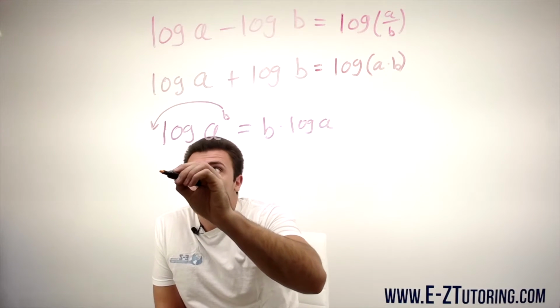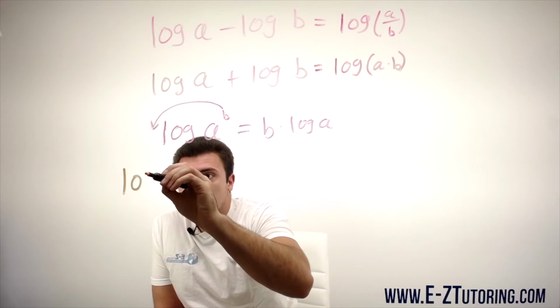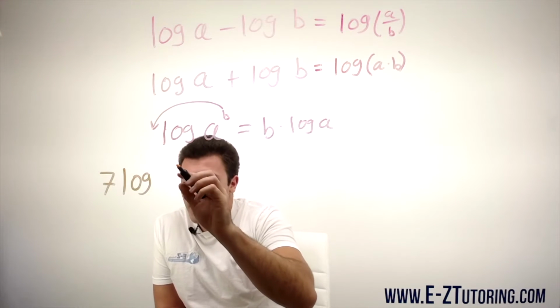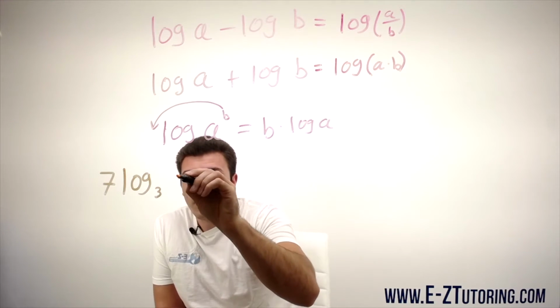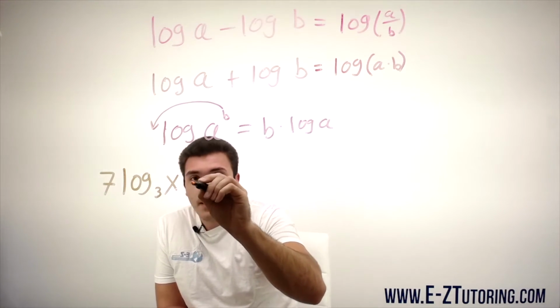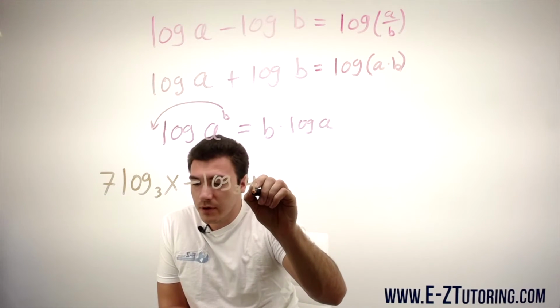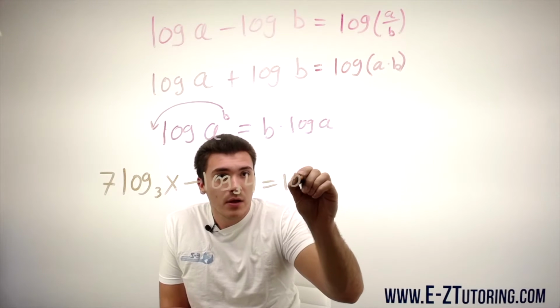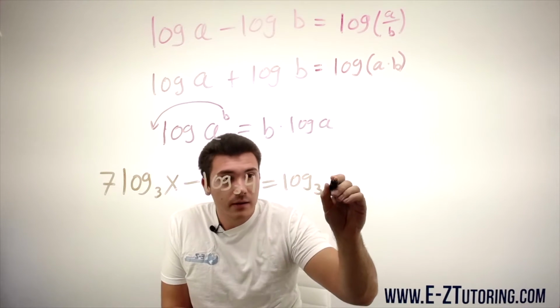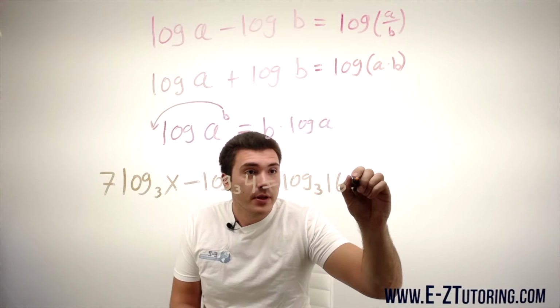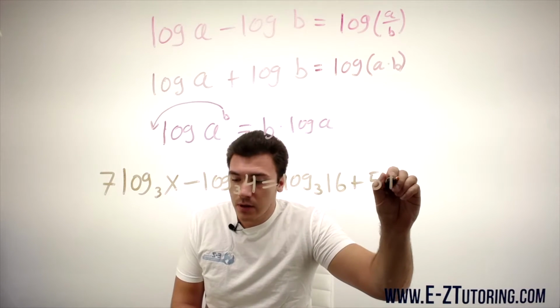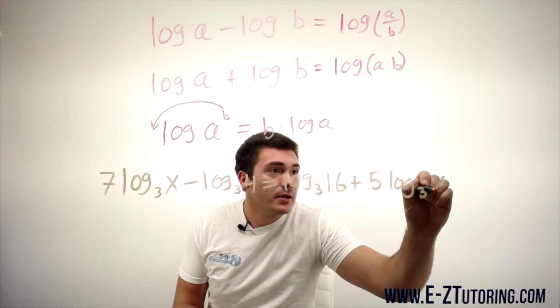Suppose we have 7 times log base 3 of x minus log base 3 of 4 equals log base 3 of 16 plus 5 log base 3 of x.